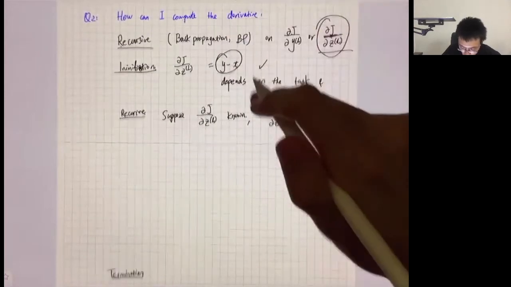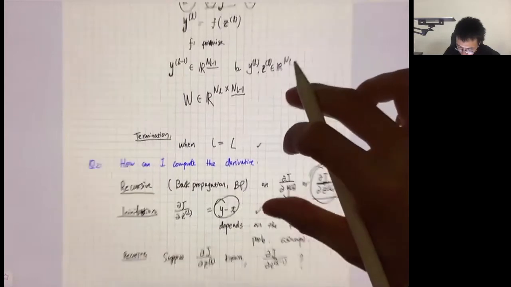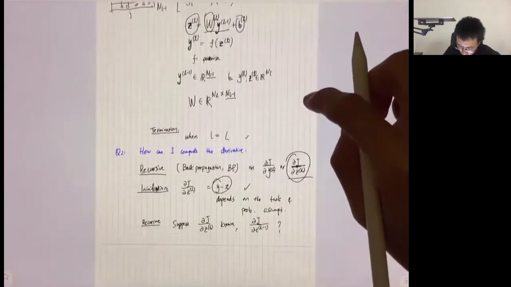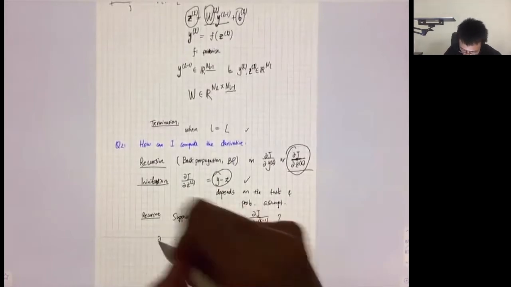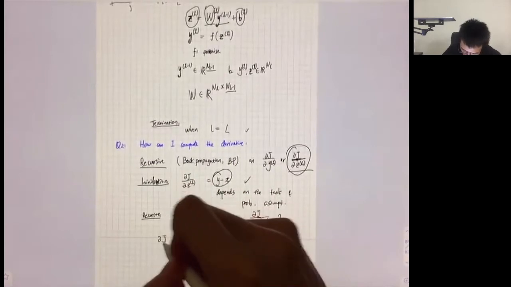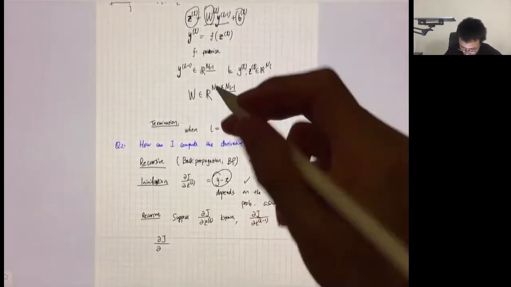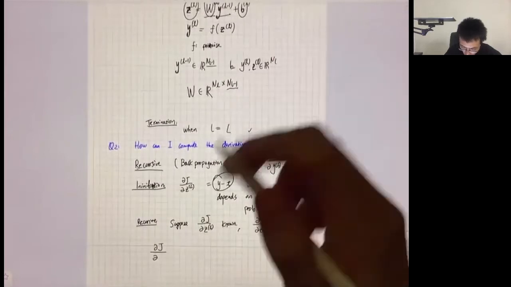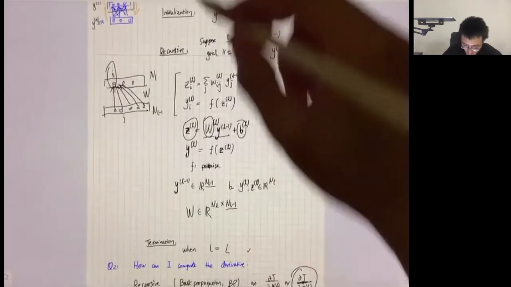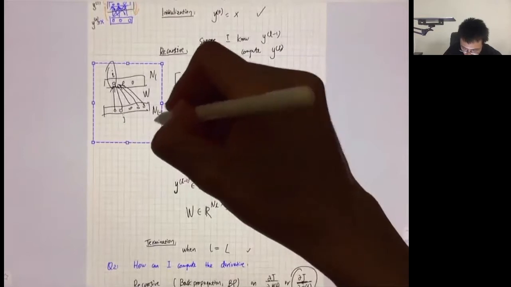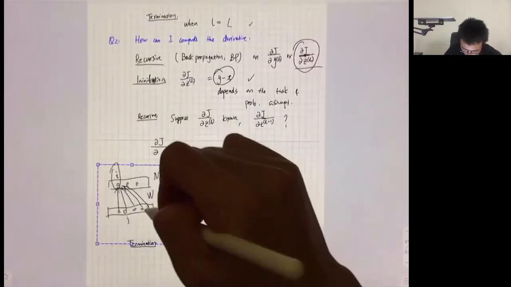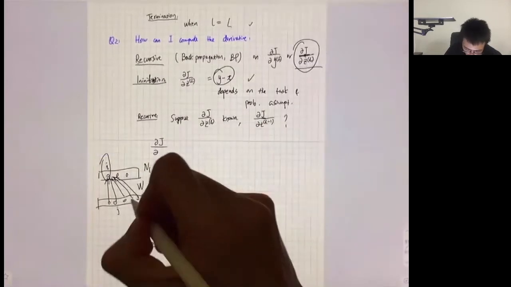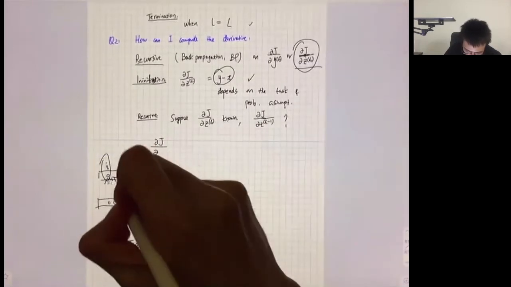So I would compute the partial derivative of J with respect to Z. I don't have to have that many nodes.